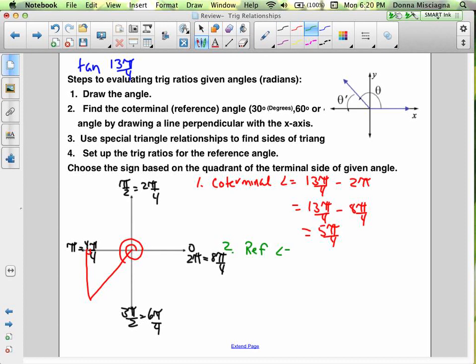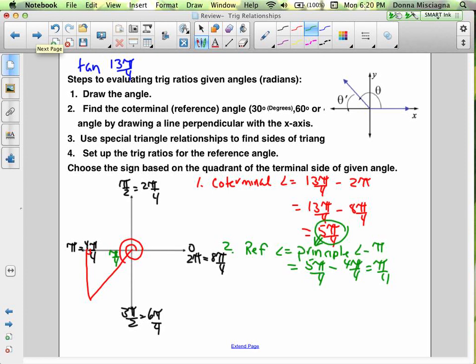The reference angle equals the principal angle minus, in this case, since we're dealing in radians, minus pi. So that would be the 5 pi fourths, our coterminal angle now, minus pi, which is the same as 4 pi fourths, which is going to give us pi fourths. So that was step two, knowing that your reference angle is pi fourths.